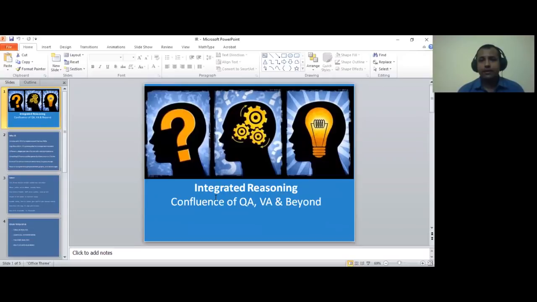So that is what makes IR difficult. It does not get difficult in terms of pure number calculation skills. It gets difficult when you start mixing all the concepts of quant, verbal, and maybe even beyond. That is what makes IR what it is.